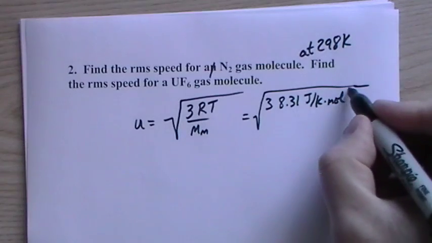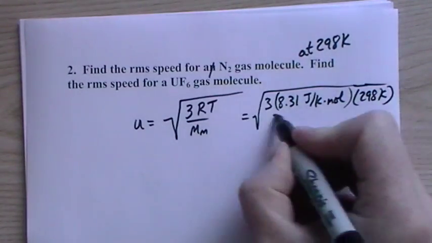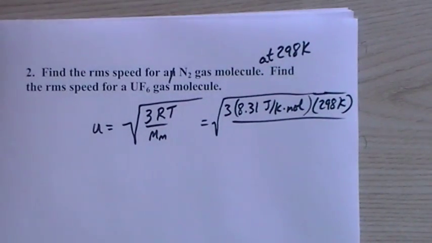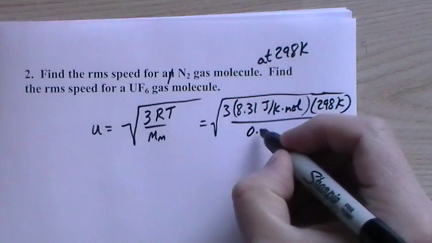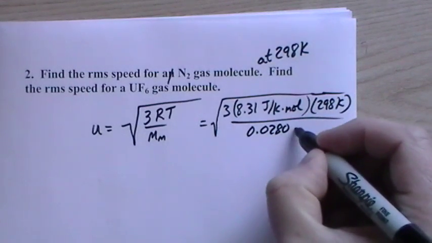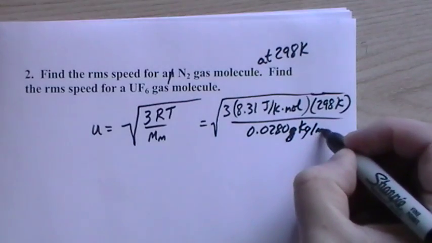And temperature is going to be 298. The molar mass for nitrogen is 28 grams per mole, but we're going to be using 0.0280 kilograms per mole.